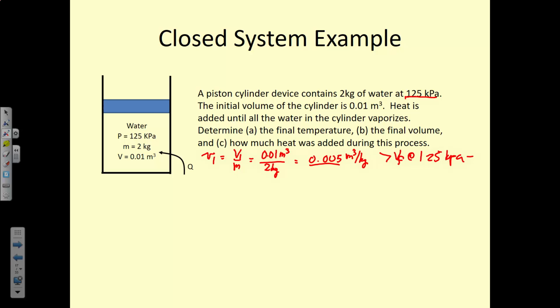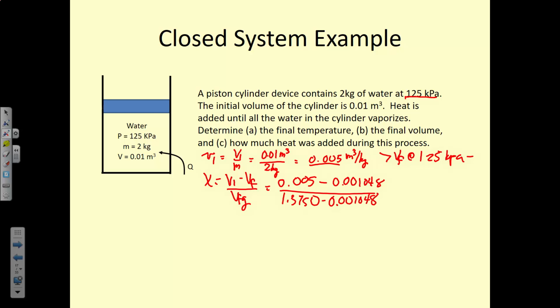Quality. Okay, so the quality is equal to V1 minus V sub F over V sub FG. And if we look on table A5 at 125 kilopascals, we have our V1, which is 0.005, minus V sub F, which is 0.001048, divided by 1.3750 minus 0.001048.